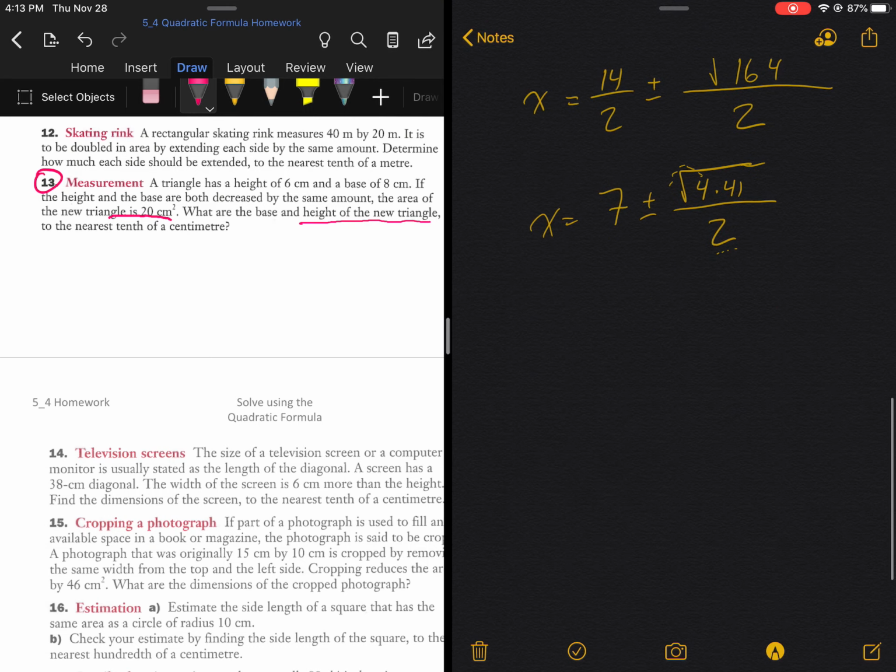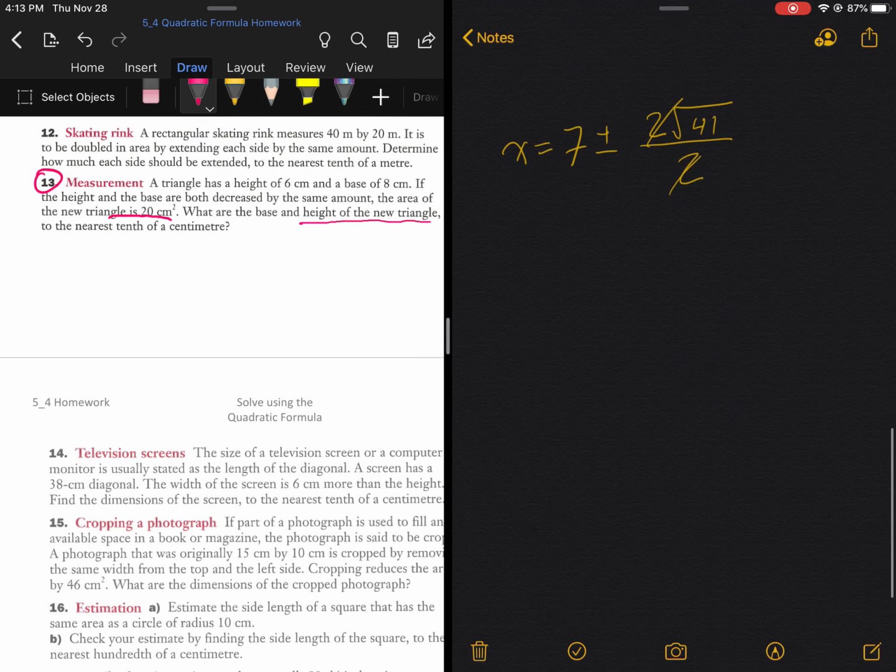There's a reason I did this: I'm going to bring this 4 outside by taking the square root of 4, to get rid of this 2, and you'll see in a second. X equals 7 plus or minus, take this 4 out. The square root of 4 is 2. Keep the 41 inside there, over 2. So now I got rid of the fraction. That's the only reason I took it out. Otherwise, I would have just kept it in there.